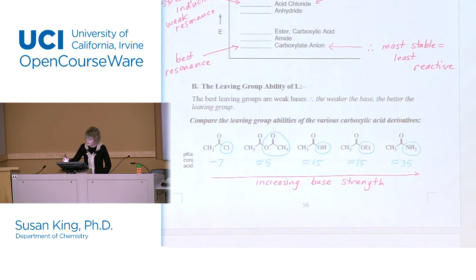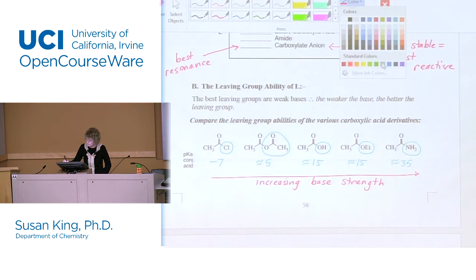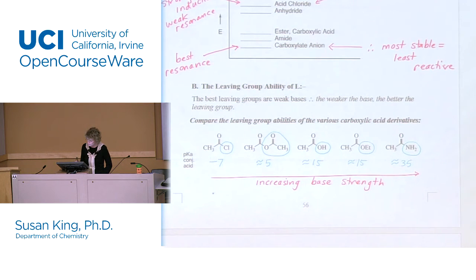And then in the other direction, we have increasing leaving group ability. So the arrow would go the other way. So notice an acid chloride, that's our most reactive, and it also has the best leaving group. These things tend to work together for the type 2 carbonyls.